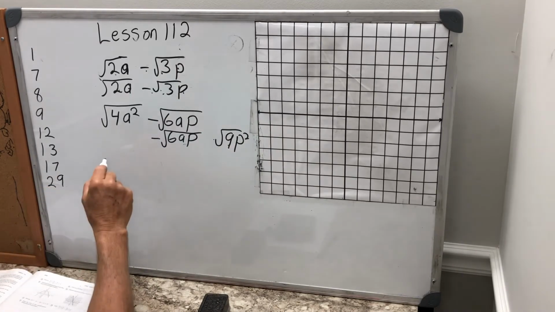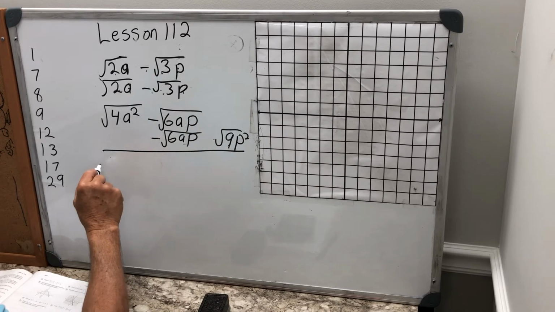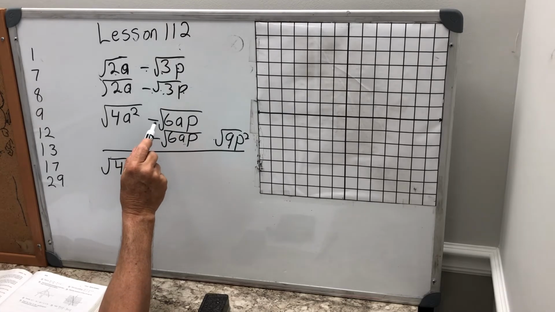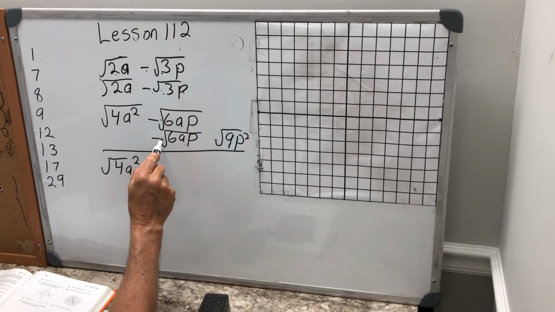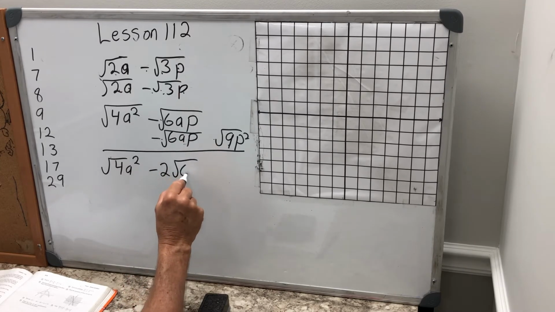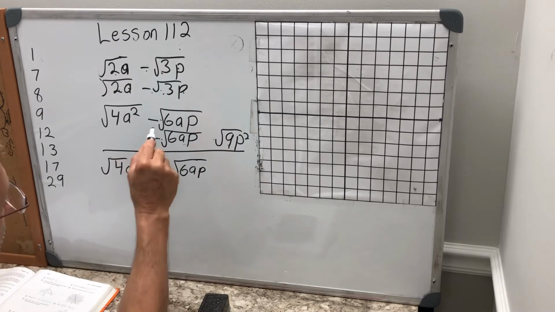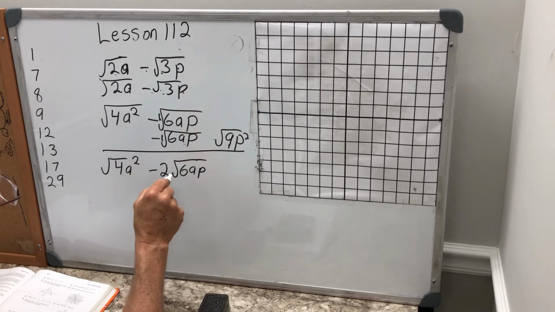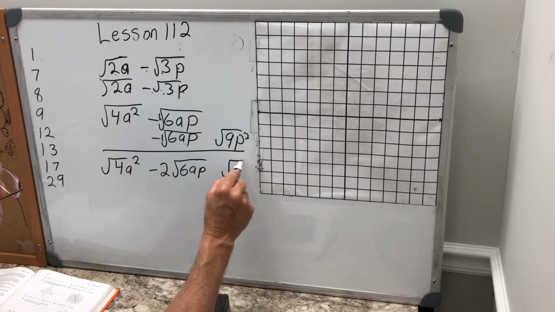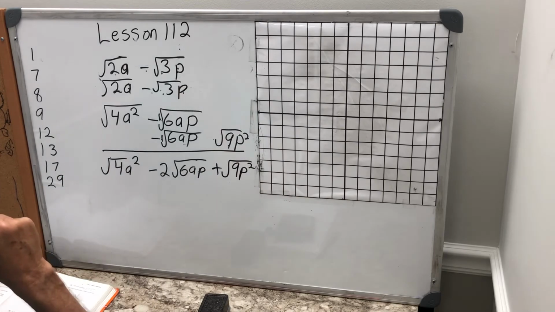And I hope you're still with me. At this point, we have a 4A squared, and this is negative 1 times plus negative 1, a negative 2, 6AP. We've added these together. Negative 6AP and a negative 6AP is a negative 2, 6AP. And then finally we have 9P squared over here. That'd be a positive. Whew.